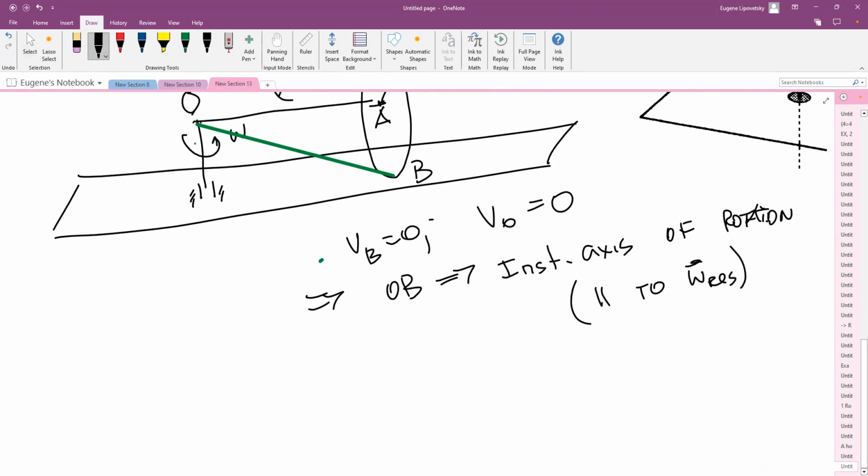So we have, this is the omega that we're given. And this is the omega of the disk that we need to find out. And that's the omega resultant.